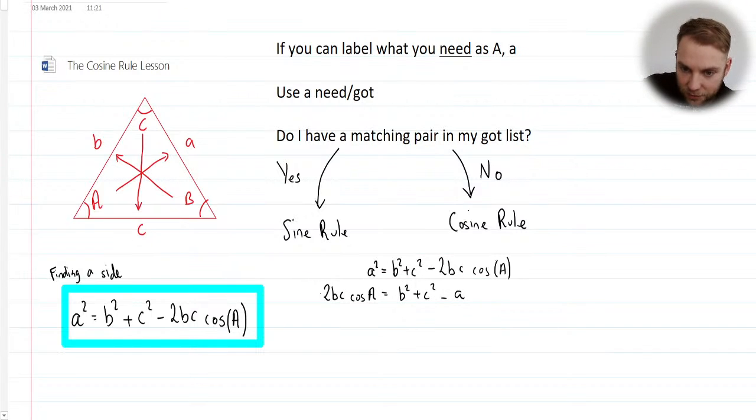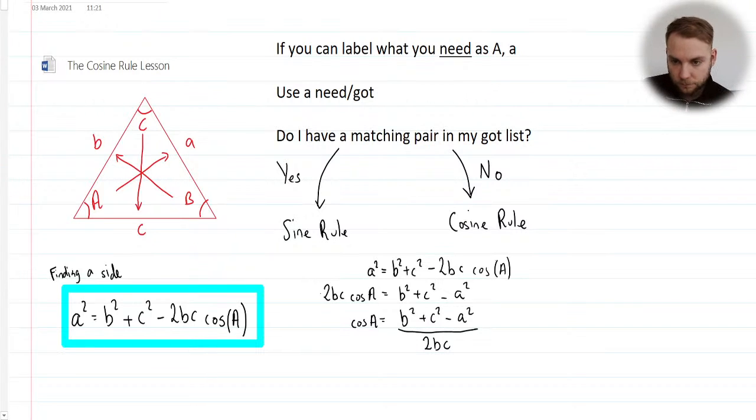The next thing I need to do is to get rid of this by dividing by it. So it's going to be cos A is equal to b squared plus c squared minus a squared, all divided by 2bc. And then the last little part is, if I'm finding an angle, I don't want cos A, I just want A on its own. So to get rid of that cos, I know the inverse of cos is cos to the minus 1.